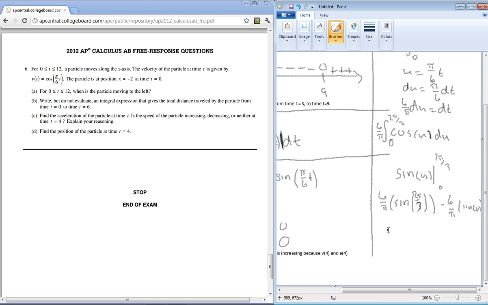So, wait, is it 2 pi over 3? Yeah. Radical 3 over 2, and it would be 6 pi times radical 3 over 2. The 2 cancels 1 and 3, so on this part we have 3 radical 3 over pi. That's this, I think. I know I'm screwing something up.